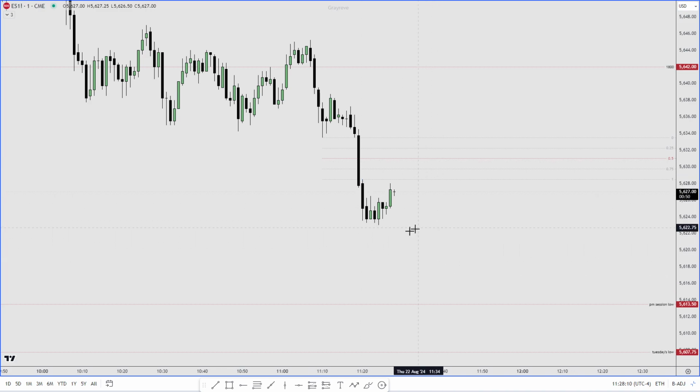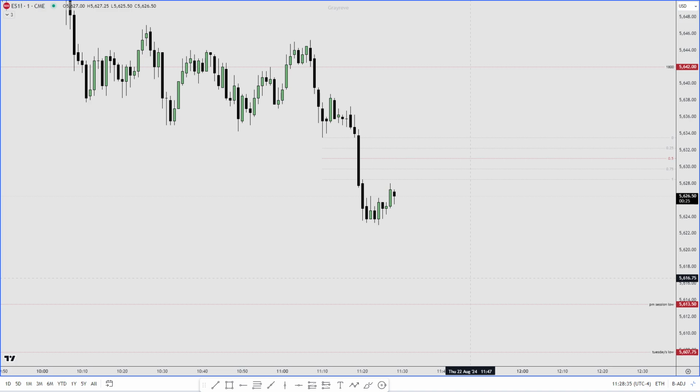In 2 more minutes we will have the 15 minutes candles close. Because this is an expansion, I would assume that we are going to accumulate here a little bit, consolidate here before the final leg lower.